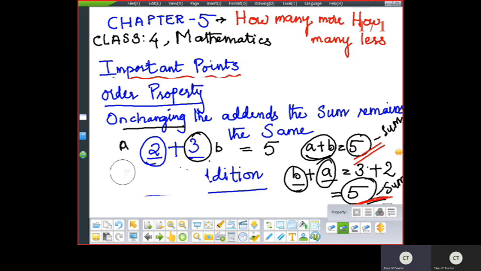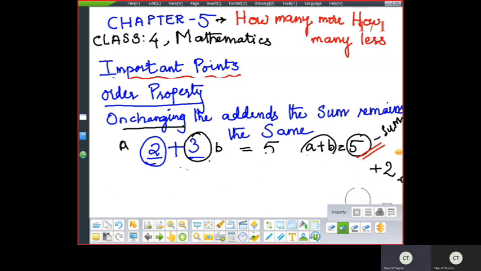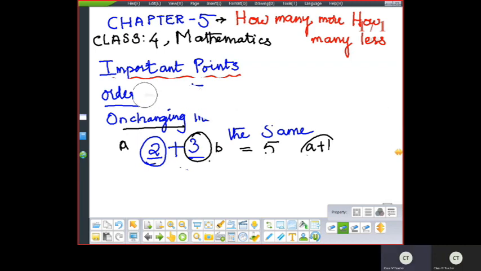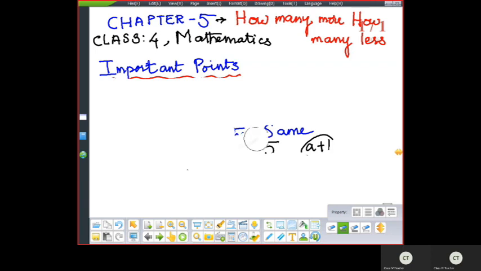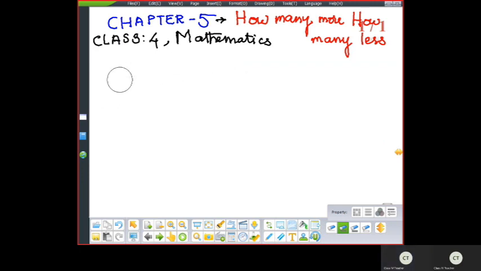Sum is addition. Very clear? So now let us go on with the next one. So these are the order properties of addition.